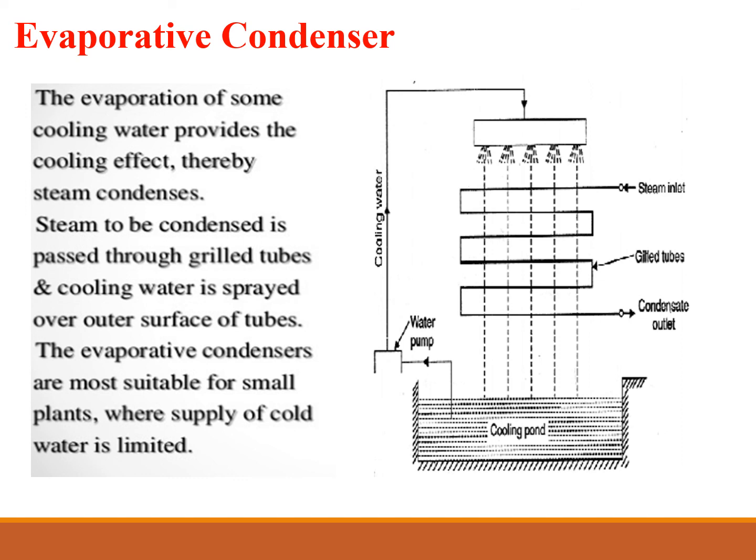A natural or forced air current causes rapid evaporation of the film of water, and this evaporation causes cooling of the steam and forms condensate that is removed from the bottom of the coil. The water which is not evaporated falls into an open collecting tank.